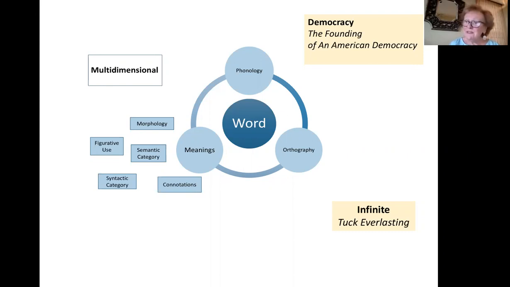It also means they have an understanding of morphology, semantic category, figurative use, syntactic category, and connotation. And so whether we're reading something like Tuck Everlasting, and we're talking about the word infinite or immortal, or we're reading the founding of an American democracy, and we're thinking about words such as compromise or others, if we know that word deeply, then we know all of this about that particular word.